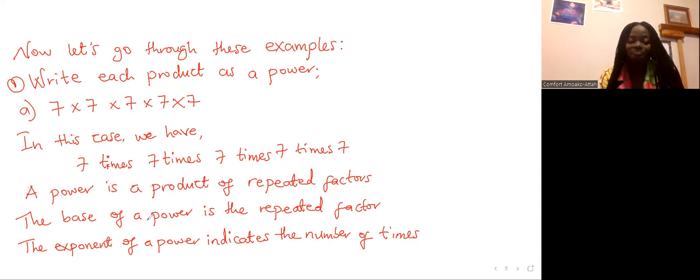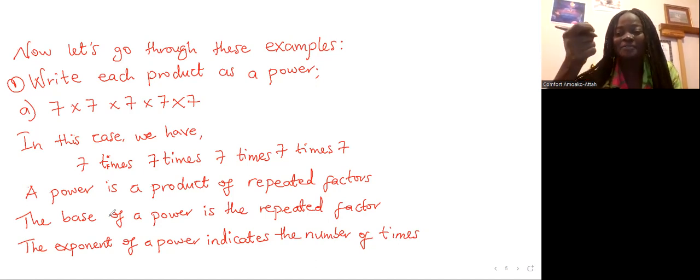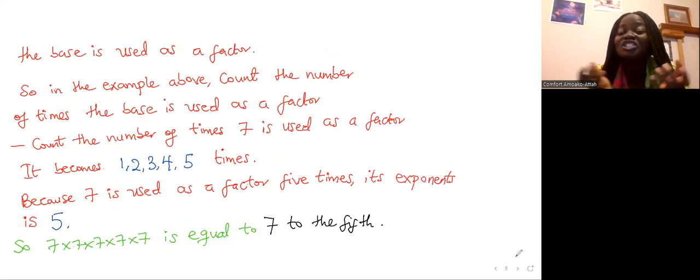Great. A power, as we said in our vocabulary, is a product of repeated factors. The base of a power is the repeated factor. And the exponent of a power indicates the number of times the base is used as a factor.